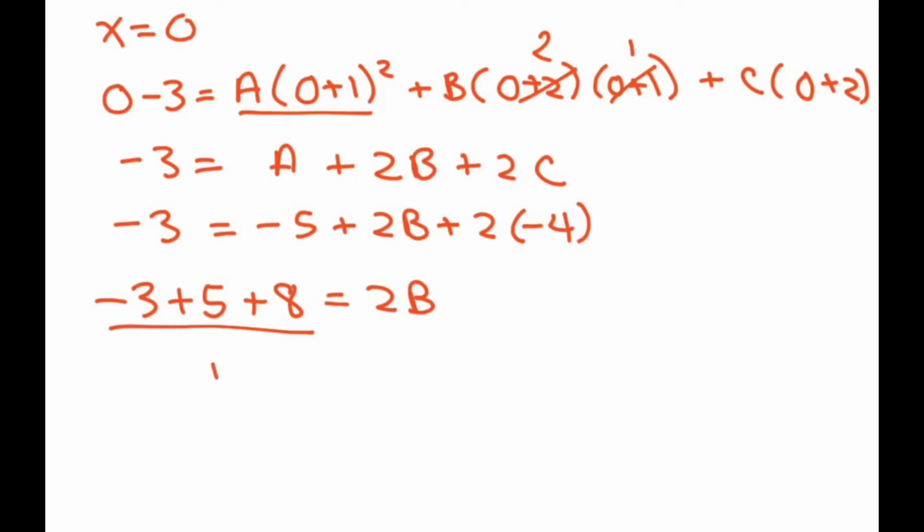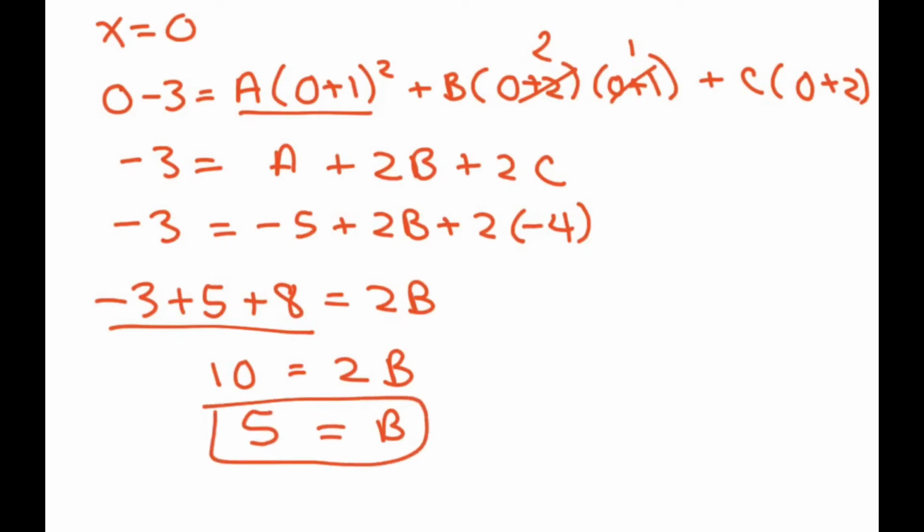This here equals 10. So B equals 5. B was 5, A was negative 5, and C was negative 4.